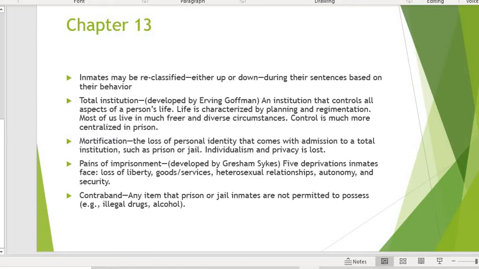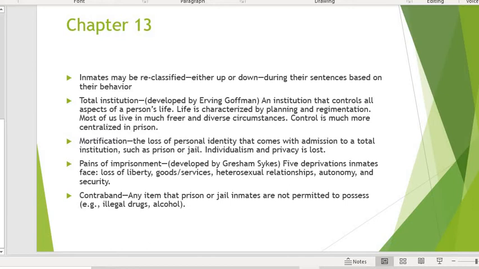Another term here is mortification: the loss of personal identity that comes with admission to a total institution, such as a prison or jail. Individualism and privacy are lost. So just imagine everybody wears the same outfit, the same uniform. You have the same schedule throughout the day, eat meals together, breakfast, lunch, dinner, very regimented, different activities during the day. Everybody's doing the same kind of things.